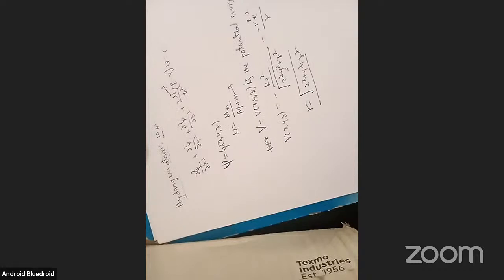The modulus, as also explained in class, is modulus of a equal to a star times a. Modulus of psi of x comma y comma z squared gives the probability of finding the electron. At the points x comma y comma z where the probability is large, the electron is likely to be found.